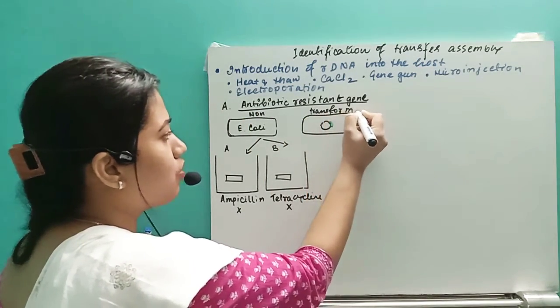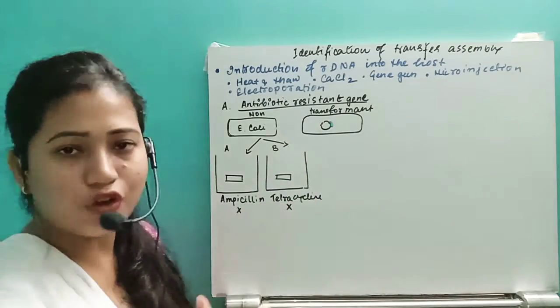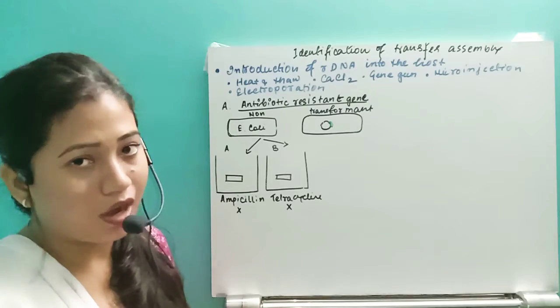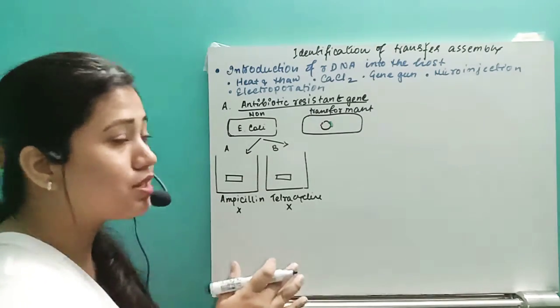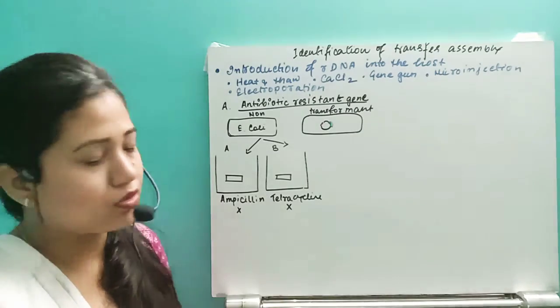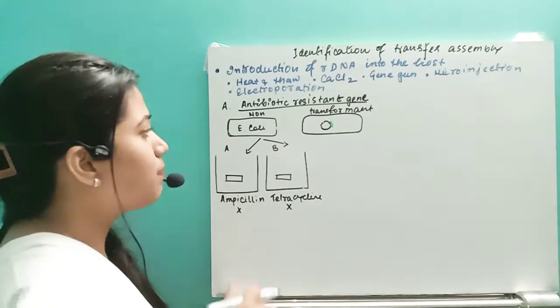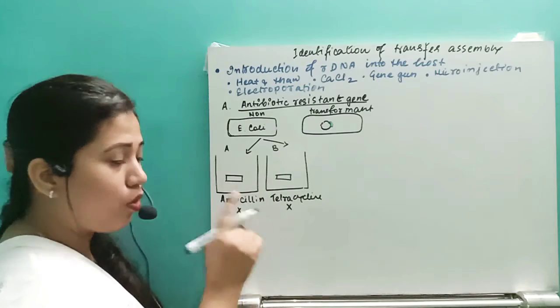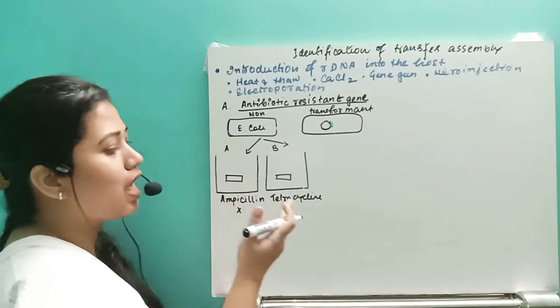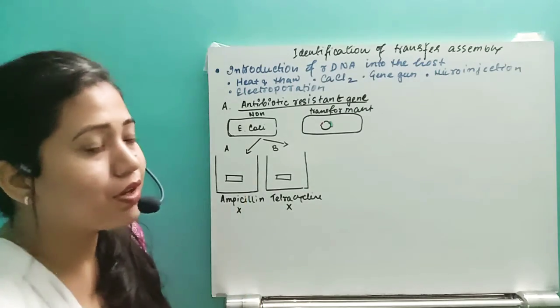What is the meaning of transformant and non-transformant host? If it is a non-transformant host, it will not have our rDNA, and if it has this rDNA inside the host, that will be our transformant host. Now if that transformant host is allowed to survive in beaker A and beaker B, what will happen?